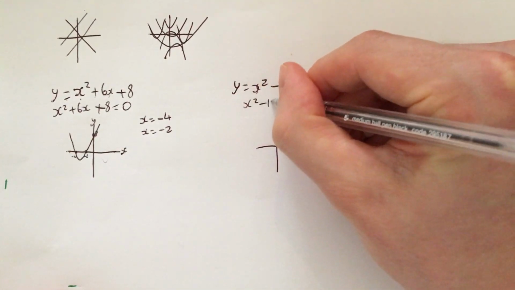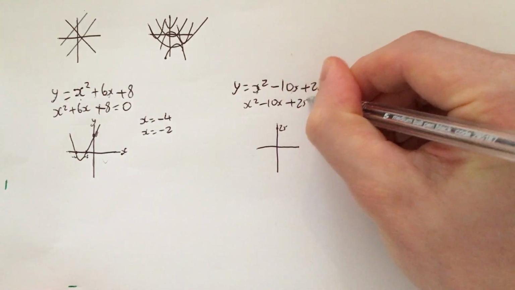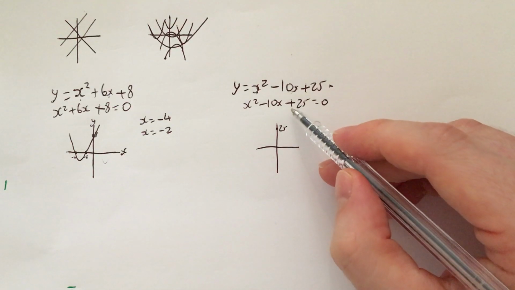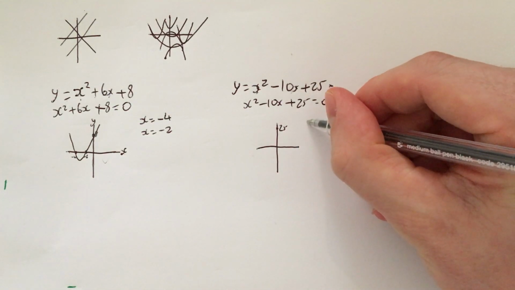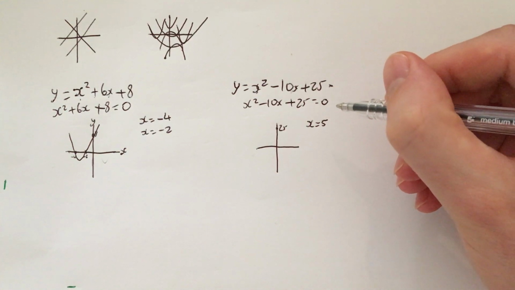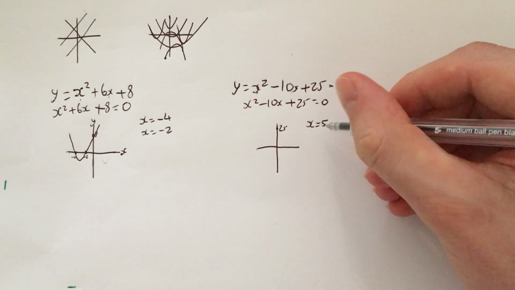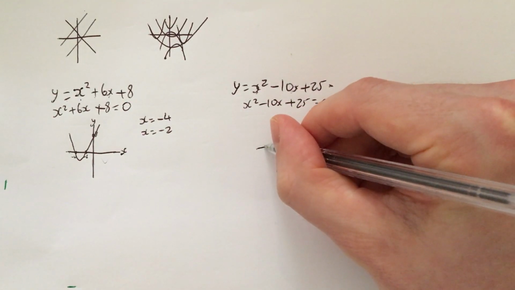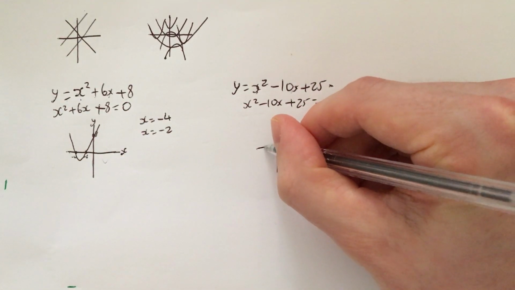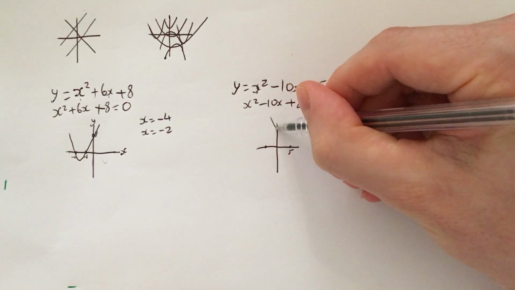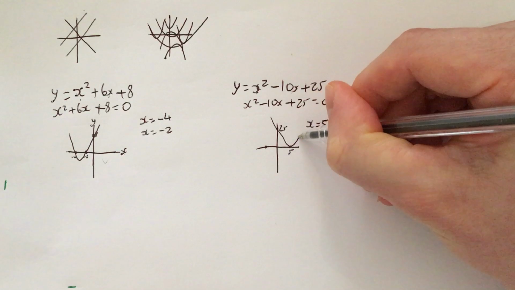So x squared minus 10x plus 25 equals 0. Again, don't worry, I'll explain this later on in the video. The answers here are going to be x equals 5 and x equals 5, because there's only one value here, positive 5 this time. So therefore, it will just touch there.